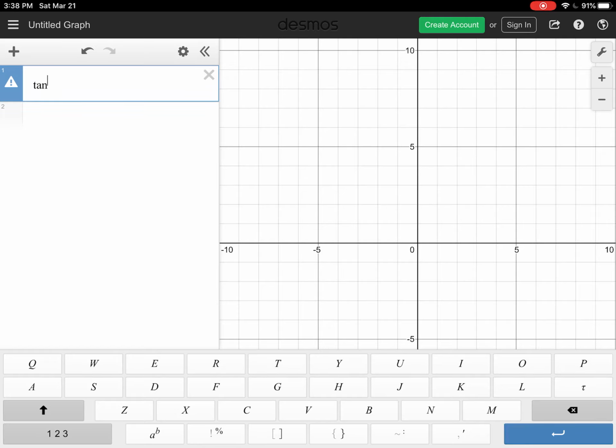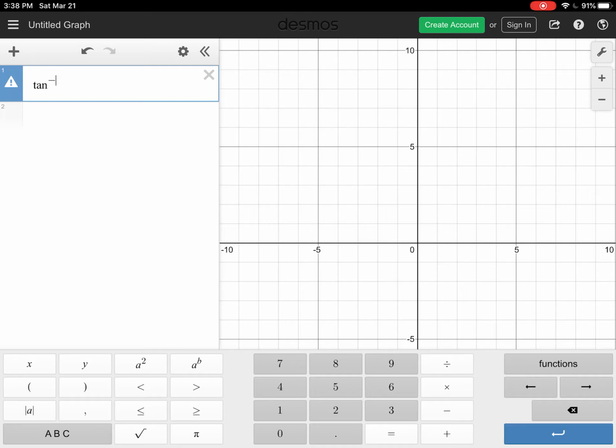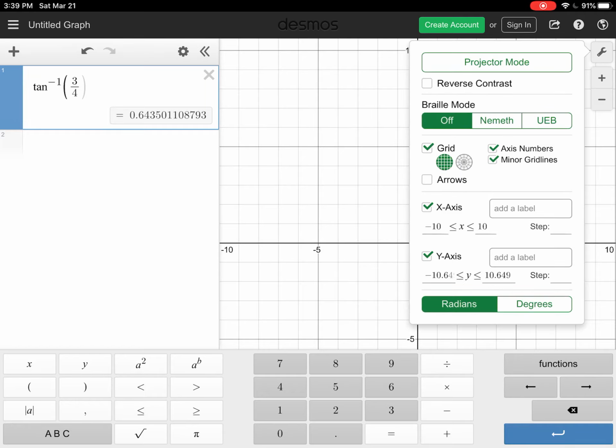So I'm going to work through it. There's inverse tangent. And what was that? 3 divided by 4? Okay, so that's in radians. I know I'm not going to have an angle that's 0.64. So if I use my settings, I can change that to degrees. So I have about 36 point, if I round it to 1 decimal, 36.9 degrees.